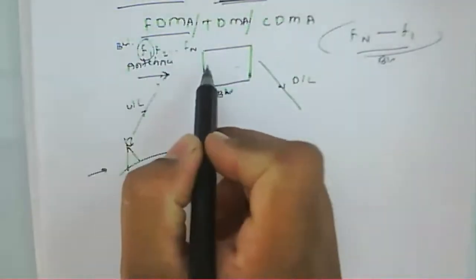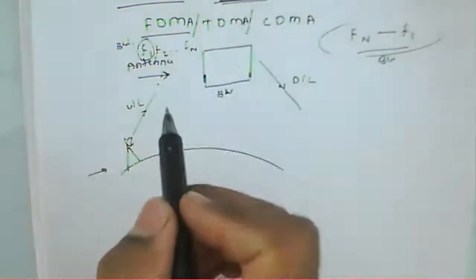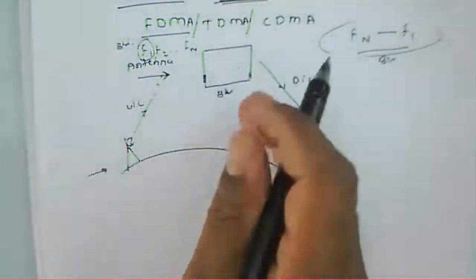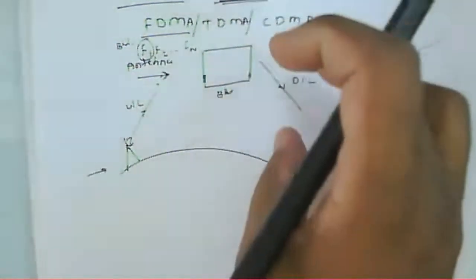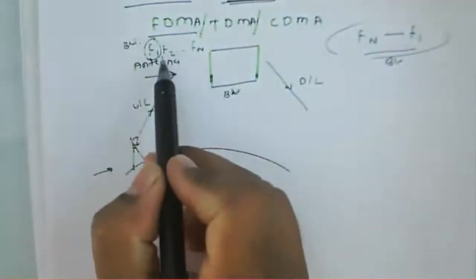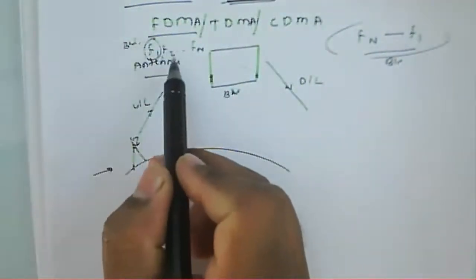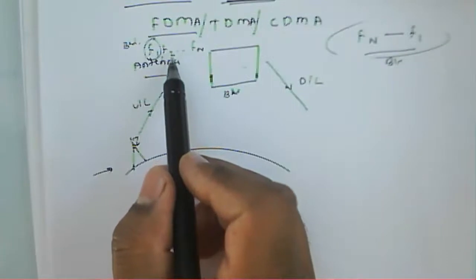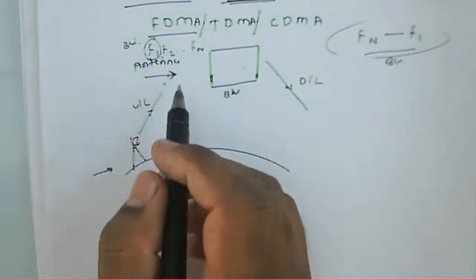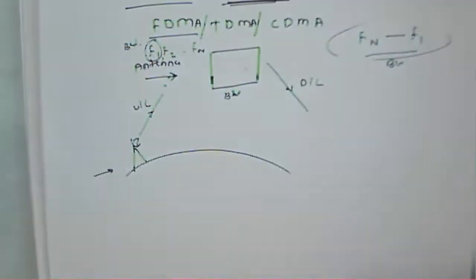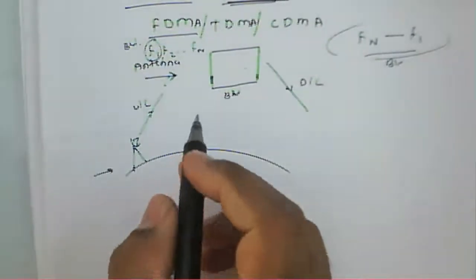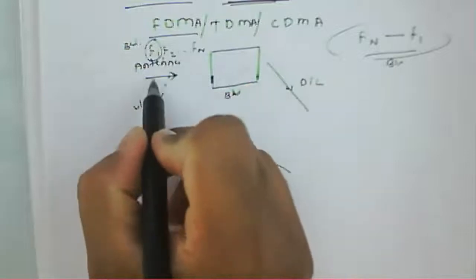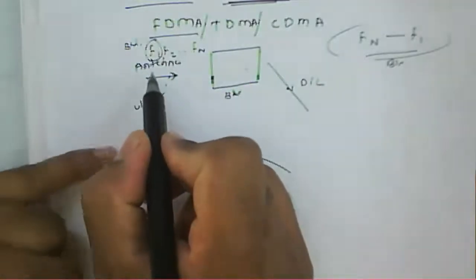Various channels are multiplexed together and transmitted, and at the same time they are separated by some band of frequency, called a guard band in the case of FDMA.